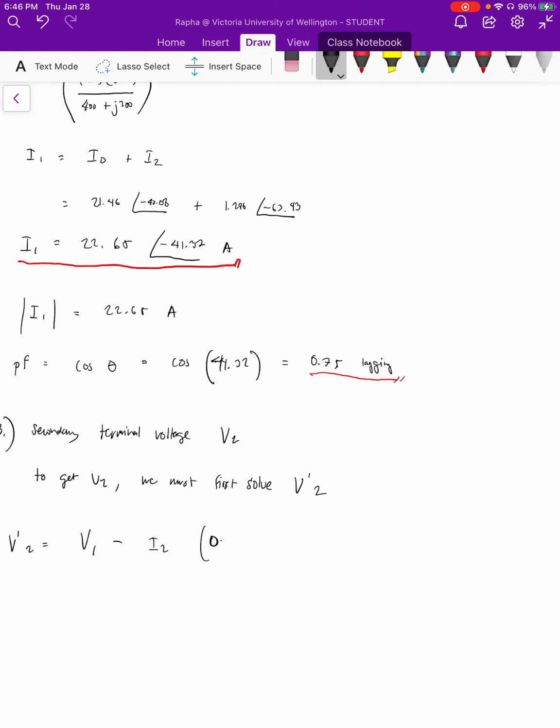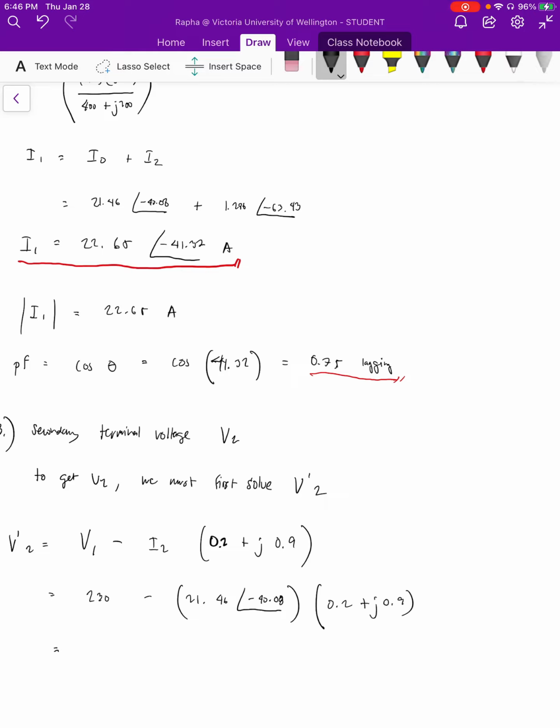I2 times 0.2 plus J 0.9. So that's equal to 230 minus I2, which is 21.46 angle negative 40.08, times 0.2 plus J 0.9.